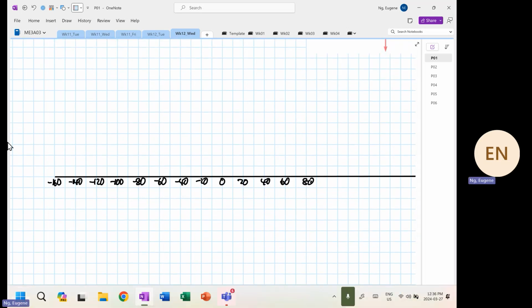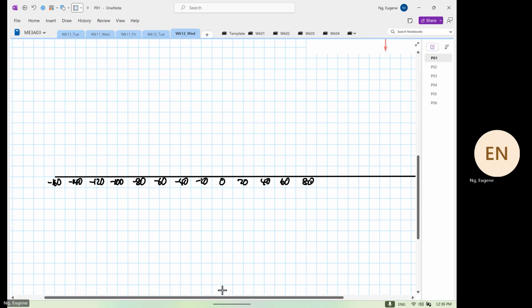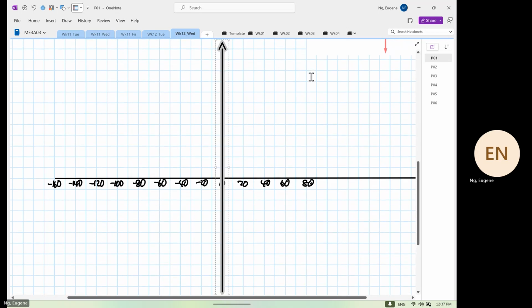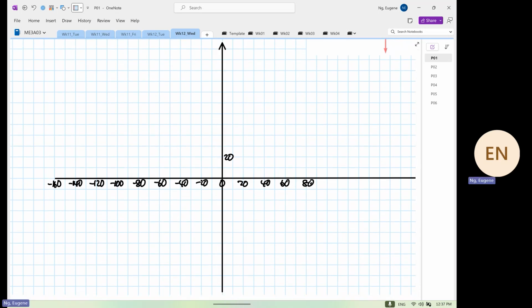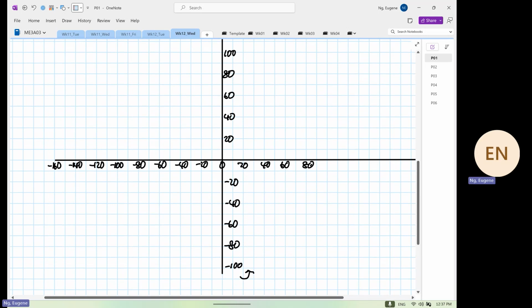And then we have our shear. Again, we have 20, 40, 60, 80, 100 for shear stress clockwise, and minus 20, minus 40, minus 60, minus 80, minus 100 going anti-clockwise.